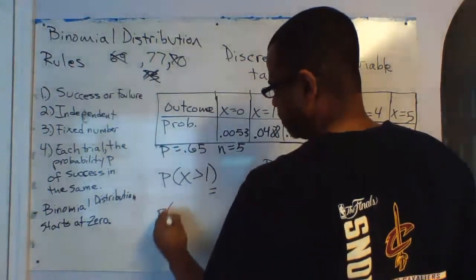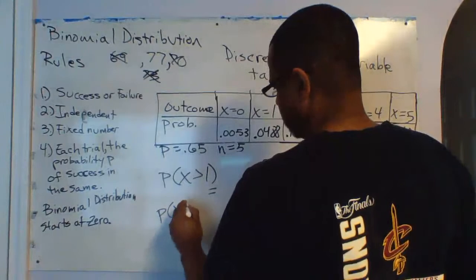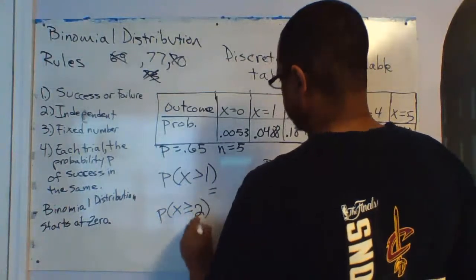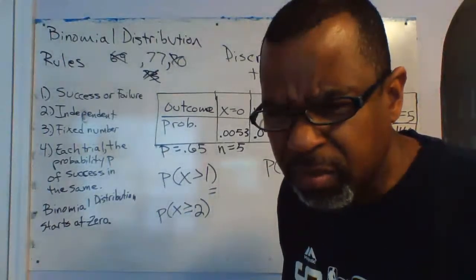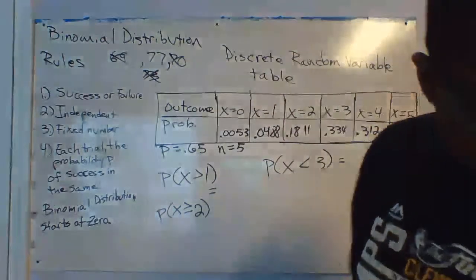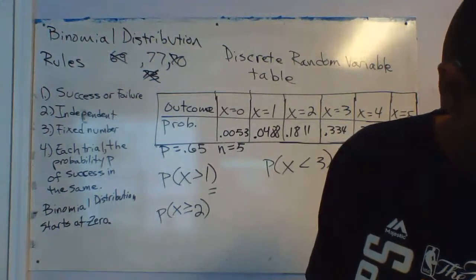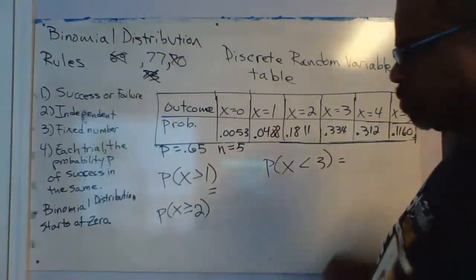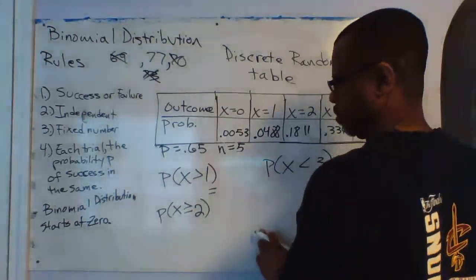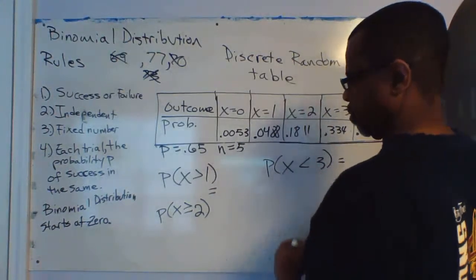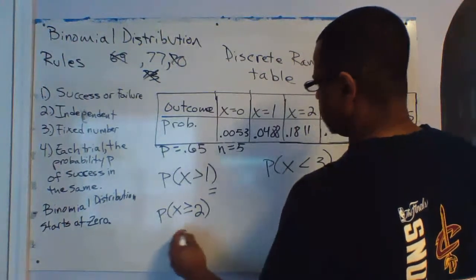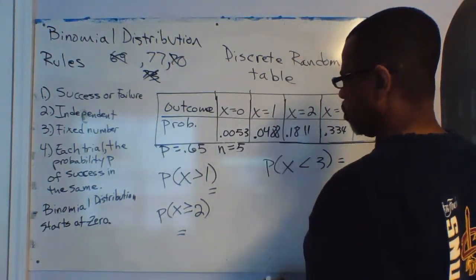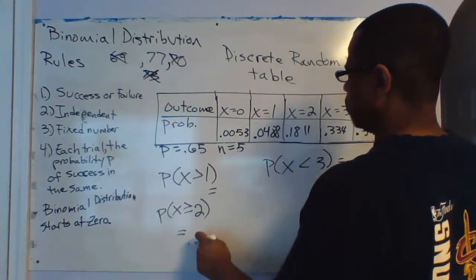So wouldn't that be the same as saying the probability that x is greater than or equal to 2?